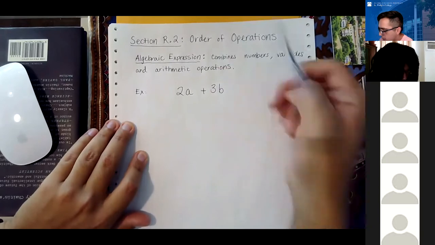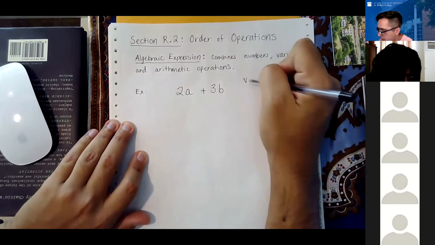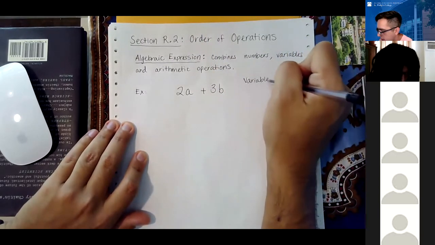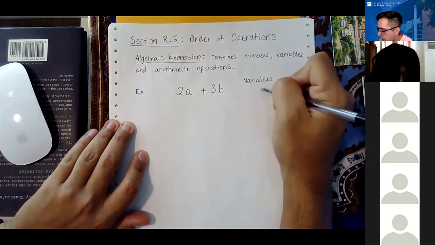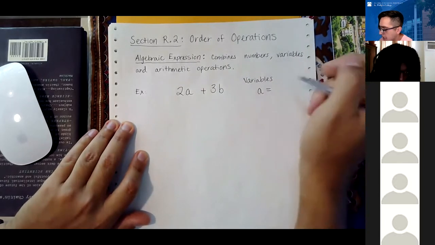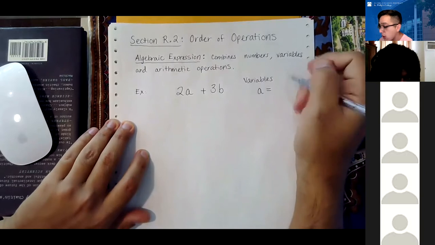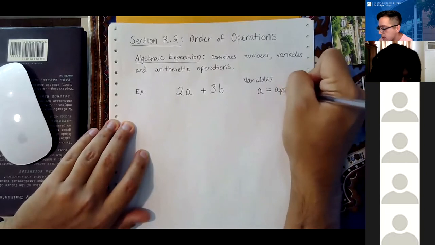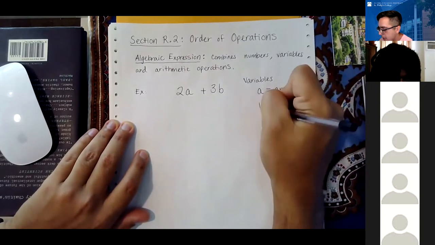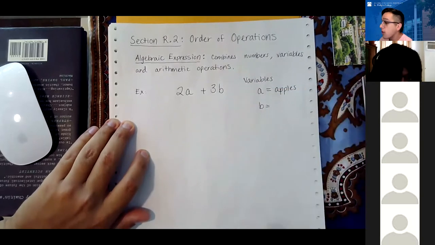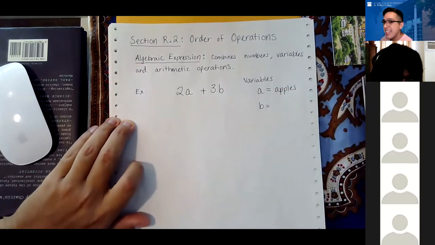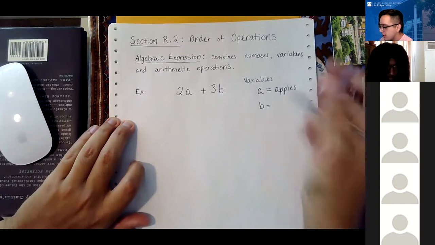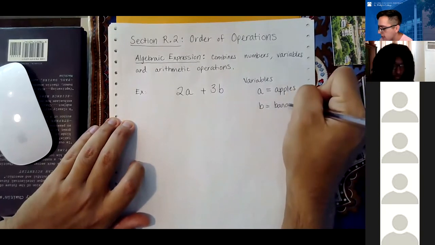Here, the variables are the letters, right? Where A is going to be representing a physical quantity, apples. And B is going to represent some other physical quantity that's not the same as apples, right? Bananas.